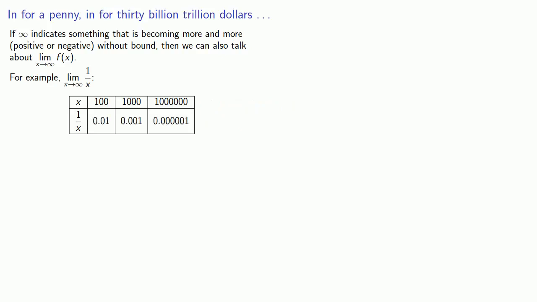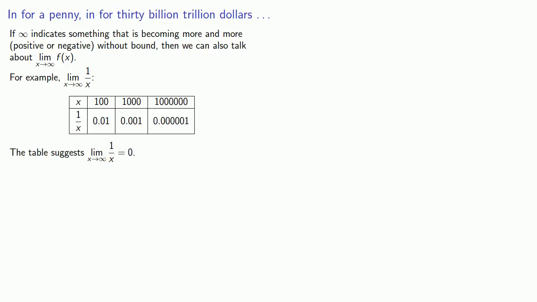And here, these values do seem to be approaching a number. If we round these to the same number of decimal places, we get 0. And so this table suggests that the limit as x goes to infinity of 1 over x is 0.